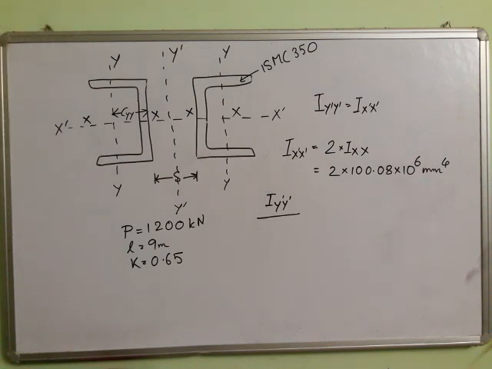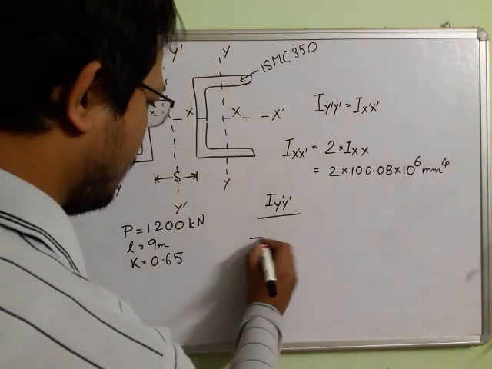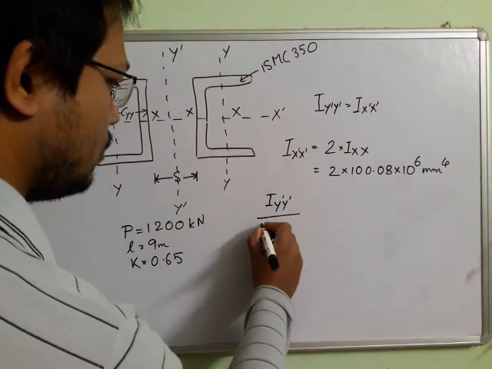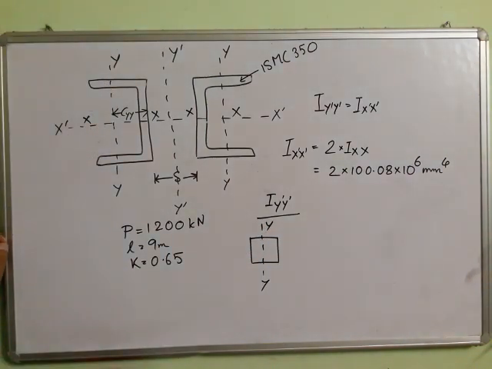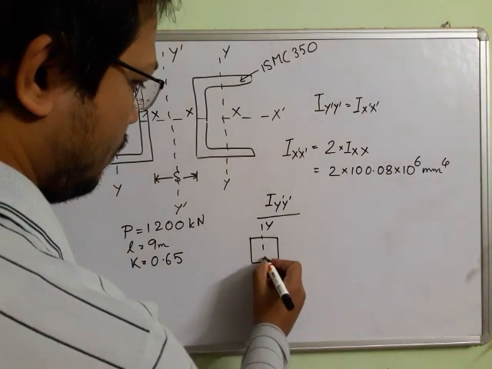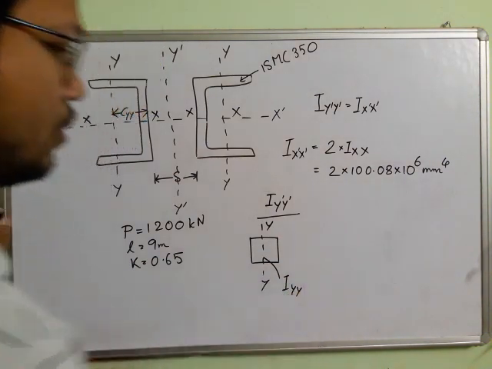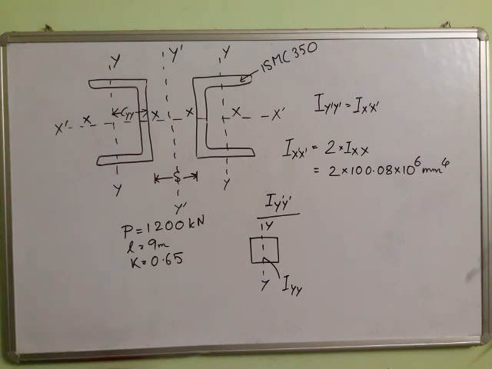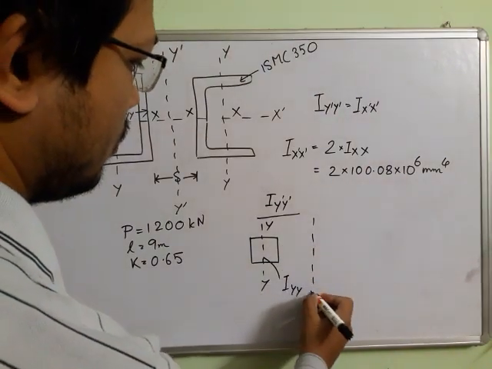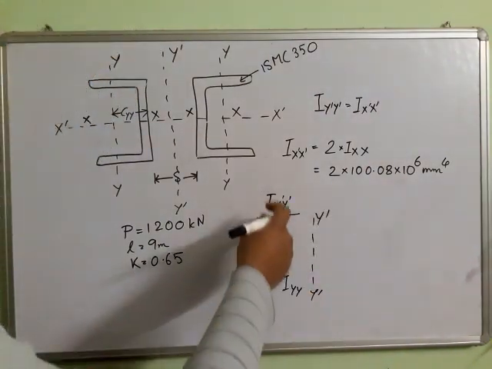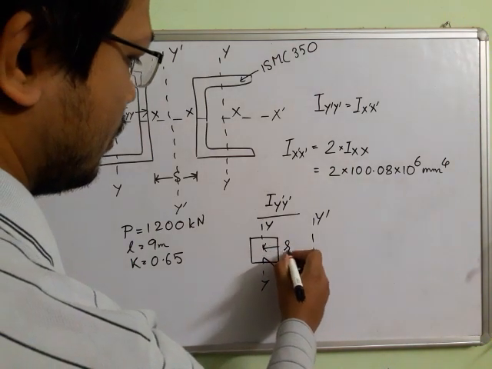For y'y', we have to know one concept which is called the parallel axis theorem. So I'm just showing you the parallel axis theorem here. If we take an element like this, having its y axis in this manner, and if it has a moment of inertia about this axis as Iy, and if we have to find out its moment of inertia about another axis which is parallel to this axis and separated by a distance r.